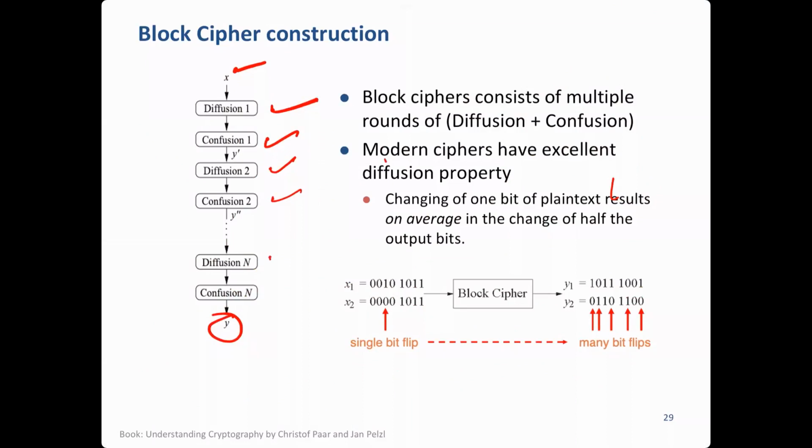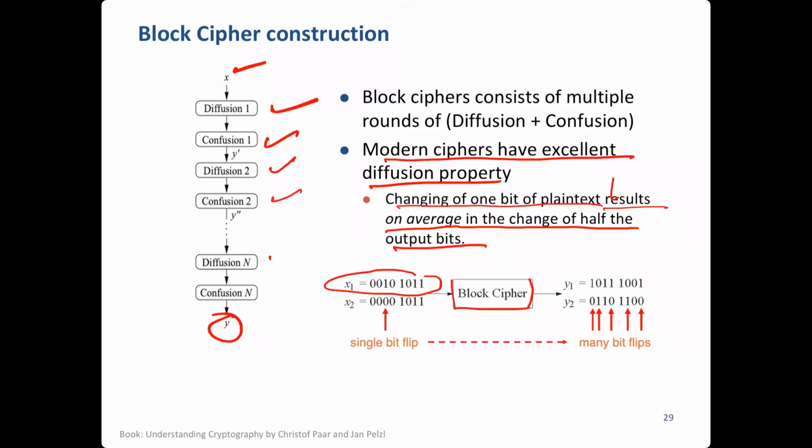So all modern ciphers have excellent diffusion properties, that is, changing one bit of plaintext results in a change in, on average, half of the output bits. It means that if you change just one bit, as we discussed earlier, its impact is on a large number of bits. For example, you take x1 here, 00101011, and send it through the block cipher, you get this, 10111001.